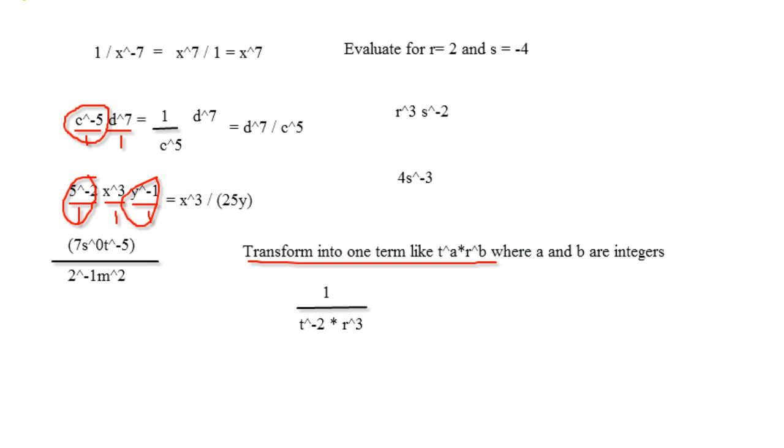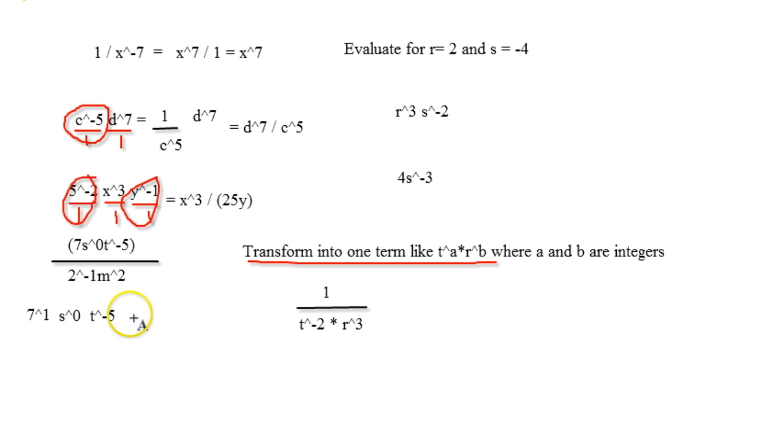Okay. So if you separate it into all of its terms, we just have 7. You could almost say it's 7 to the 1st. Then we have s to the 0, and then we have t to the negative 5th.